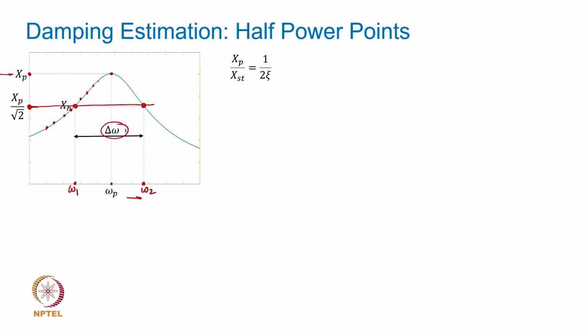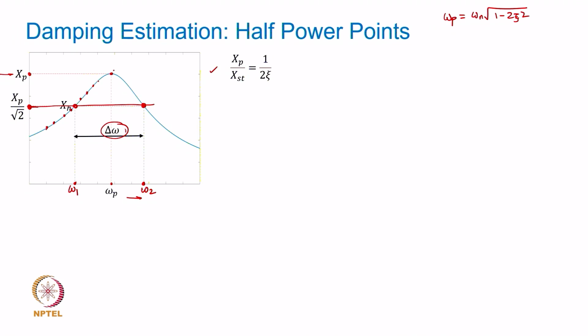Having said this, what is xp over xst? You remember from the previous slide, the peak response amplitude ratio is equal to 1 by 2 zeta, that is how we discussed and derived it. Omega p was shown to be omega n square root of 1 minus 2 zeta square, and if I substitute this frequency ratio omega p by omega n in the original expression, I get this ratio xp over xst equal to 1 by 2 zeta.